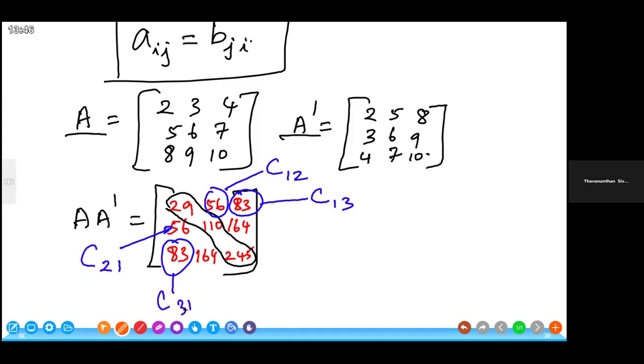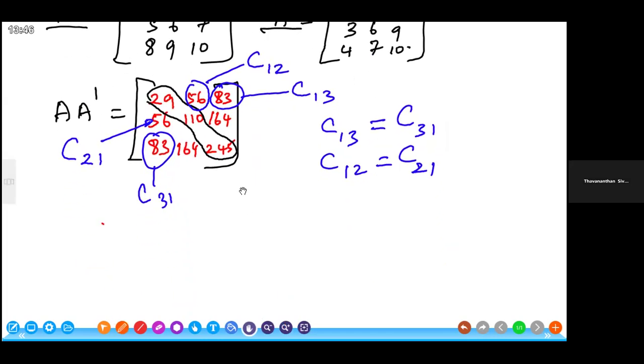Now you see C13 is the same as C31. Do you all agree? Yes. Similarly, C12 is the same as C21, and so on. So this kind of nature is called a symmetric matrix.